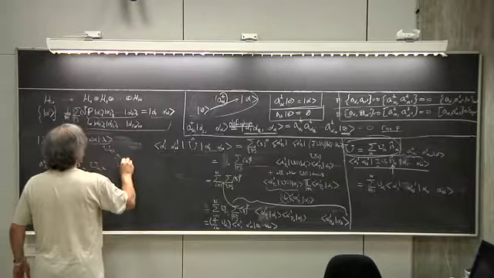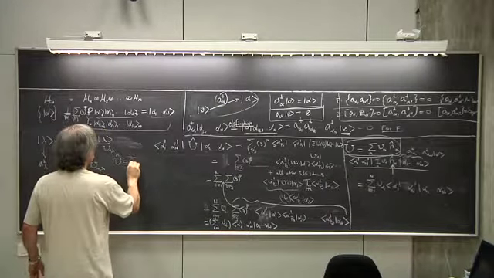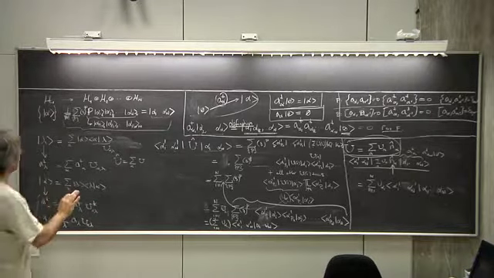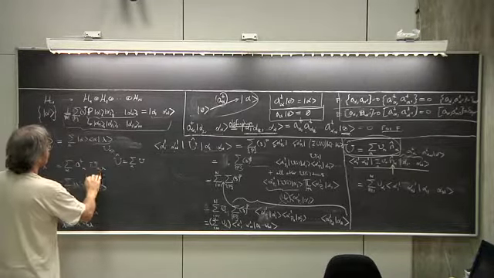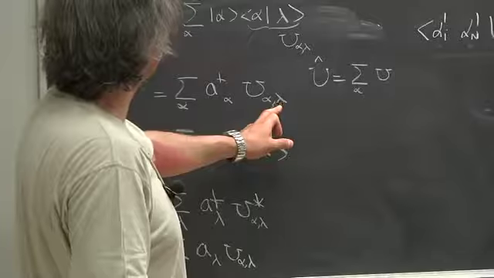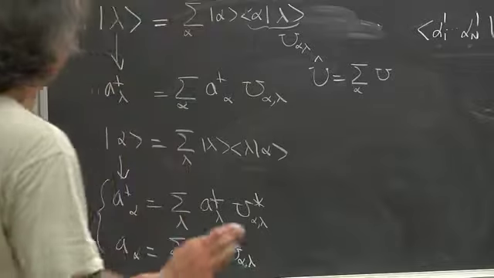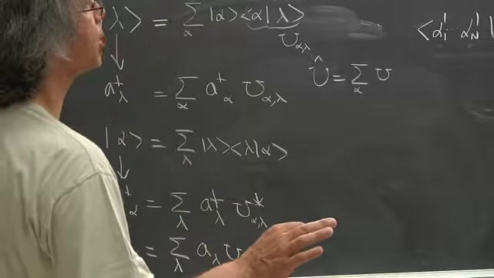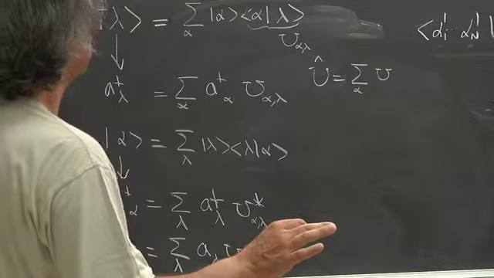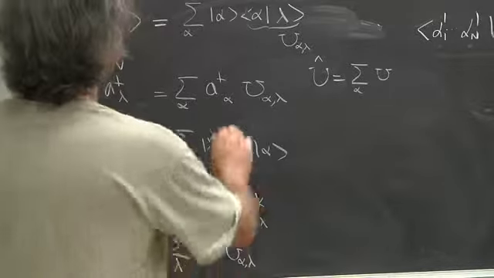So U in the good basis is the sum over alpha. Oh, oops, I'm calling U too many things. Sorry. This matrix here, this change of basis matrix, how should I call it? I'm sorry, this was not planned. Omega, you like omega.